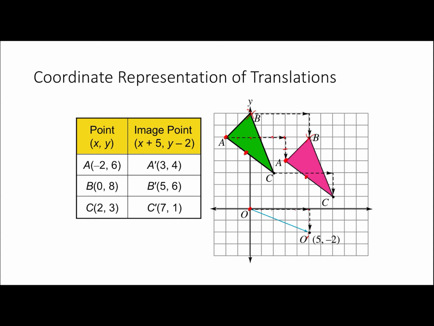Okay? And so we can represent that in this table where we say, okay, our original point is (x, y). Our image point is going to be (x + 5, y - 2), whatever that ordered pair is. And so if we know the ordered pairs for the original, then we can add 5 to the x and subtract 2 from the y, and that's going to give us these new points for A prime, B prime, and C prime.